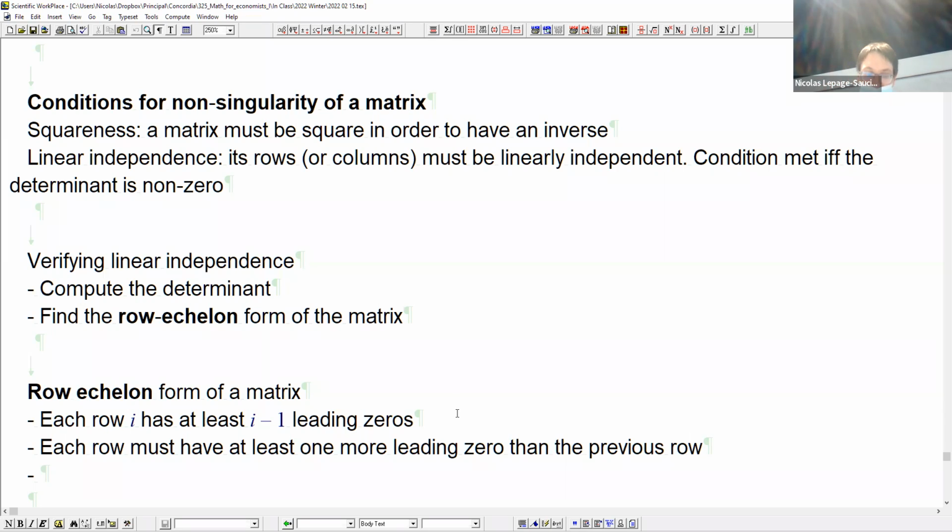So that's it really. There are just these two conditions, and then just one thing to note is the first non-zero element of each row is called the pivot.